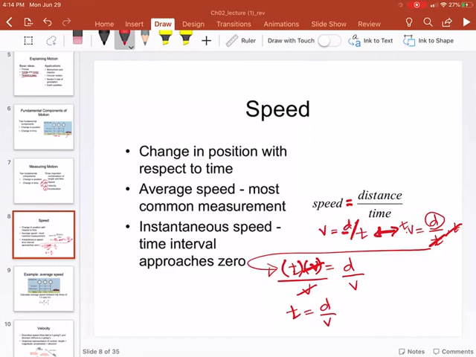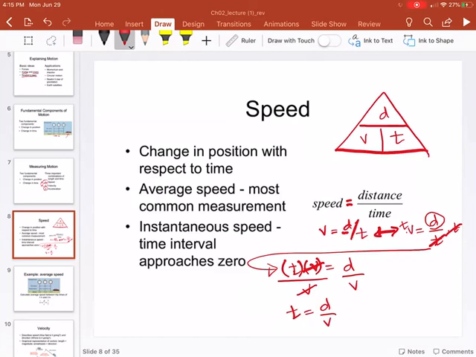This class requires pre-algebra, and you should know how to do at least this stuff before entering this class. So if you didn't like that, you can do this triangle, and you would put speed is equal to distance divided by velocity. So the velocity or the speed has to go in the bottom left, the distance has to go in the top, and then the time goes in the bottom right.